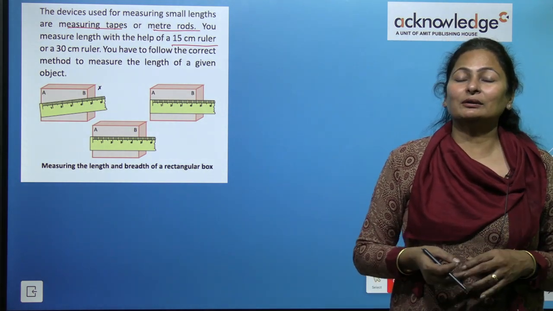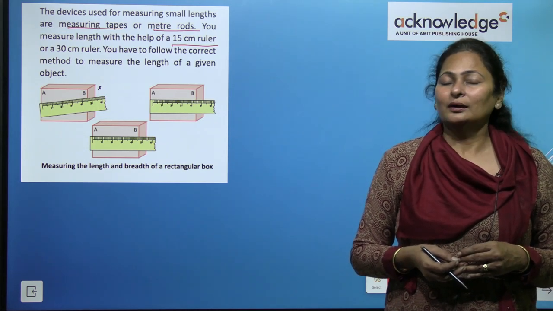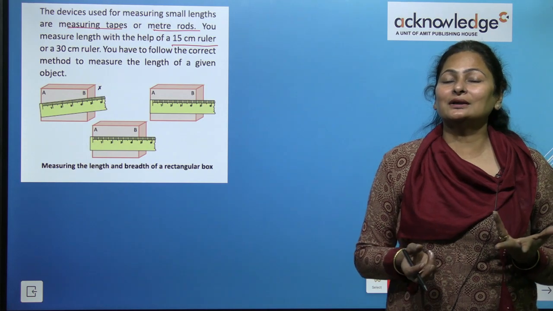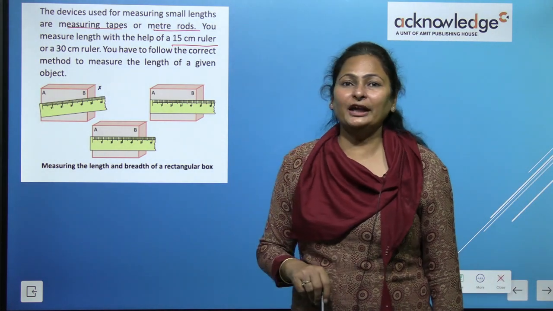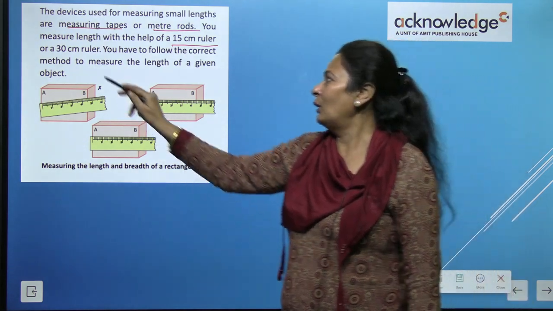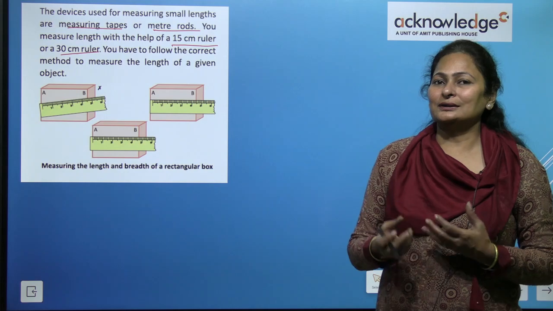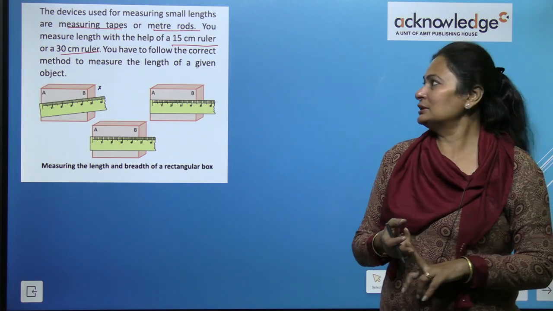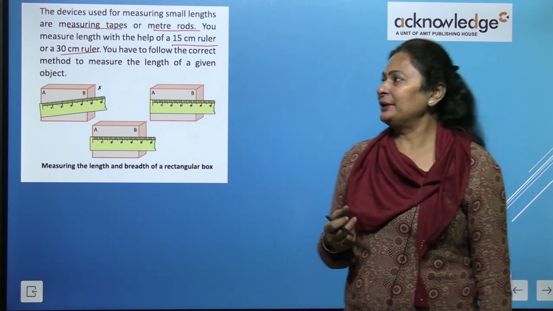Are we measuring it with measuring tape? No. Are we using measuring rod? No. So how are we measuring the length? We are doing it with the help of 15 centimeter rulers or 30 centimeter rulers. It comes in two variations, the 15 centimeter and the 30 centimeter ruler.